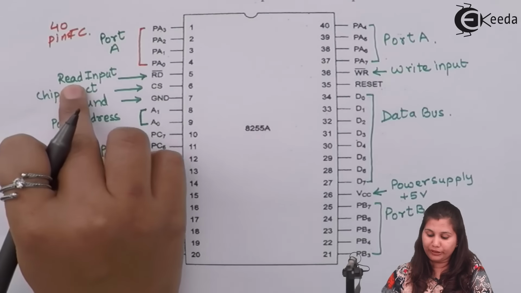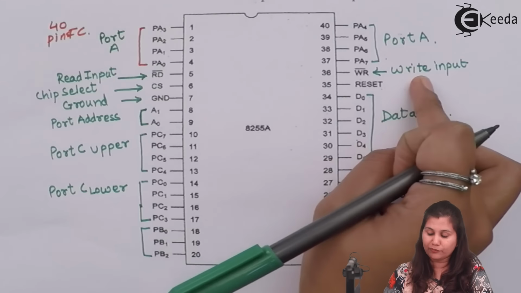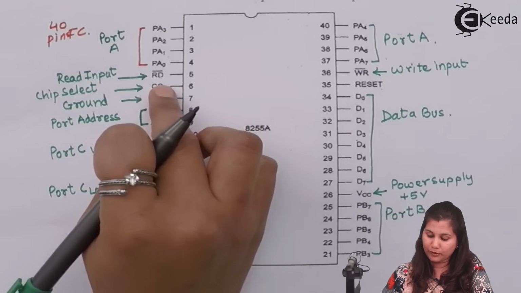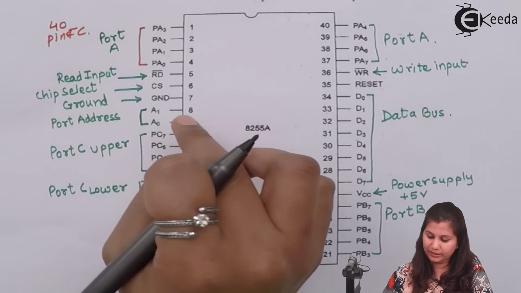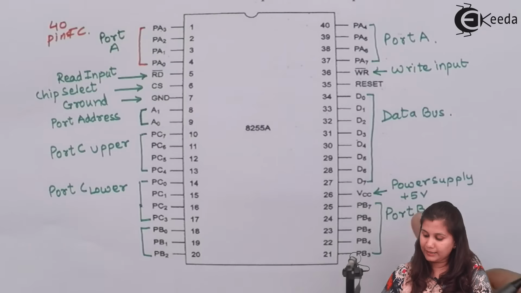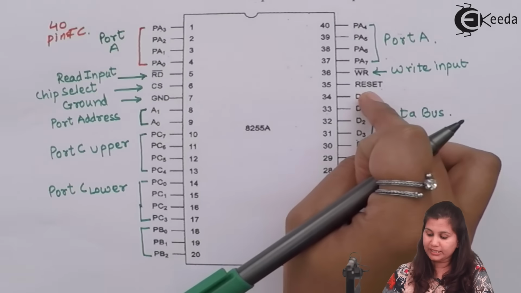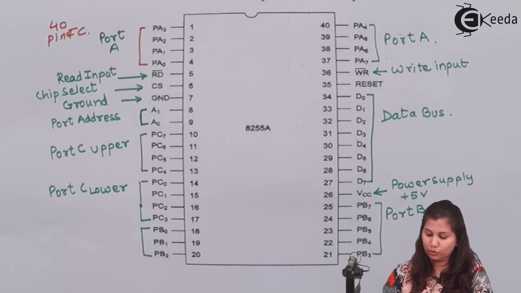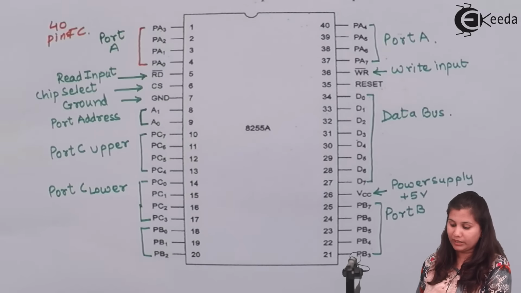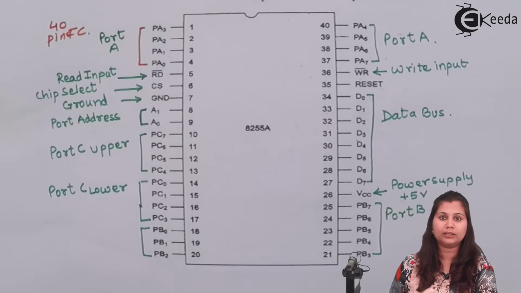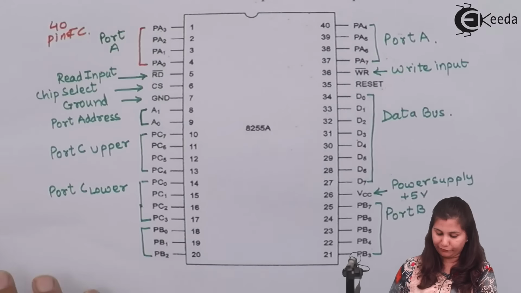RD is for the read input, WR bar is for the write input. Then chip select, then ground. Ground and VCC are the power supply pins and reset is there. Okay, so let us study one by one the description of all the pins of 8255.